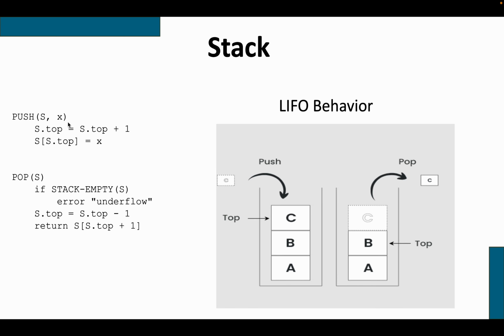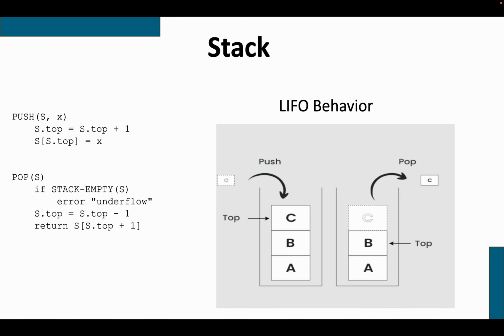And the pop function is to return an element from the stack. And as I've said, we can just have the first element. So first of all, in the pop function, we check whether the stack is empty or not.